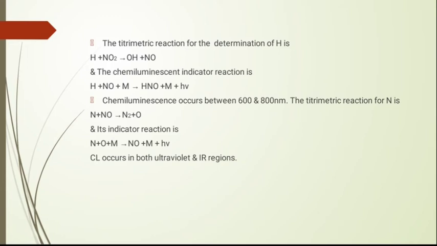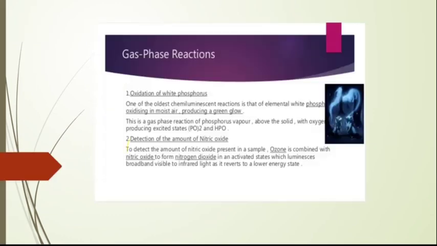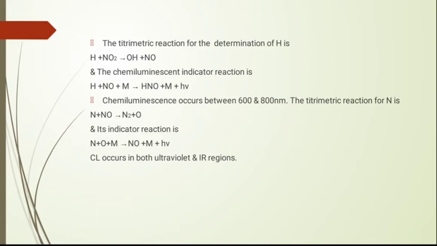N plus NO forms N2 plus O, and its indicator reaction is N, which is initially taken, plus O plus M, giving NO. NO plus HNO means the light is emitted, and in both reactions the chemiluminescence occurs in the ultraviolet and the IR regions. That means for oxygen, hydrogen and nitrogen, all reactions occur in the ultraviolet and the IR regions.